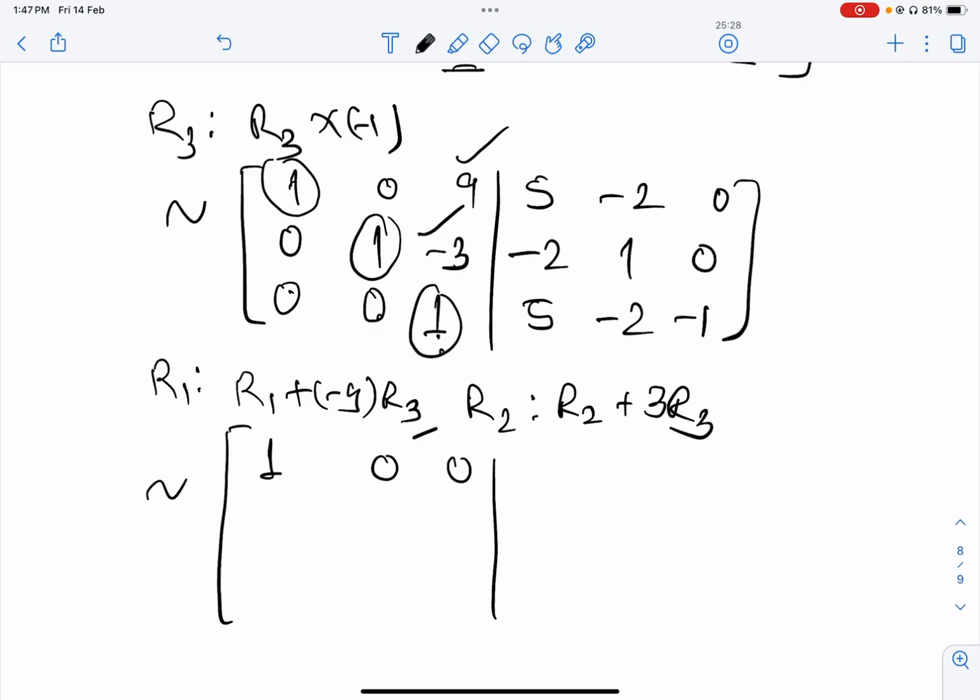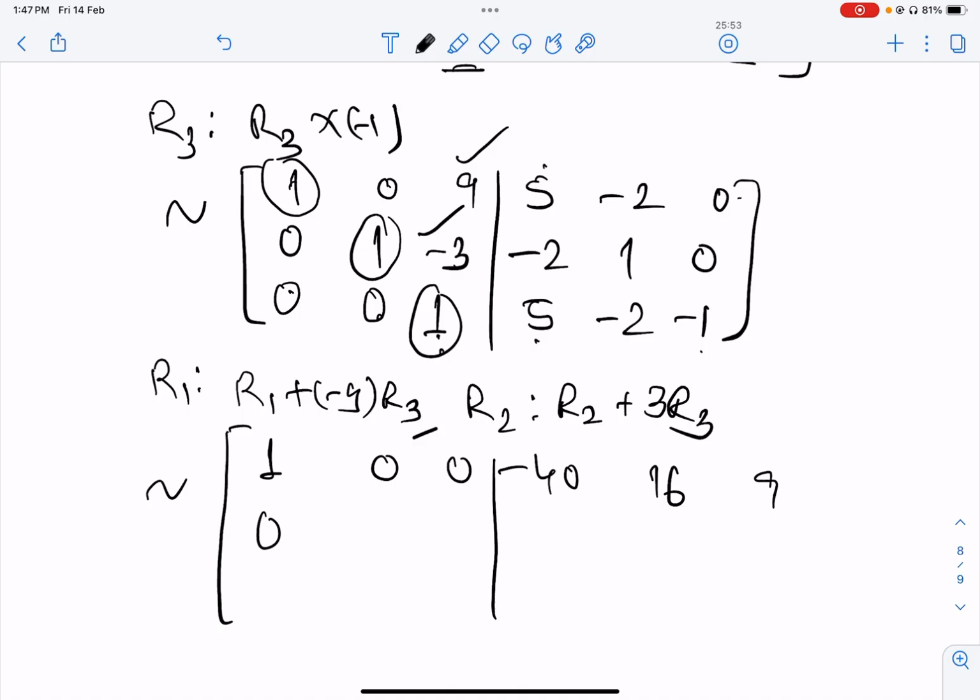Now here minus 9 multiply 5, so minus 45 plus 5, so minus 40. This is minus 9 into minus 2, so it is 18, minus 2, so that is 16. This is minus 9 into minus 1, so plus 9 and 0, so that is 9.